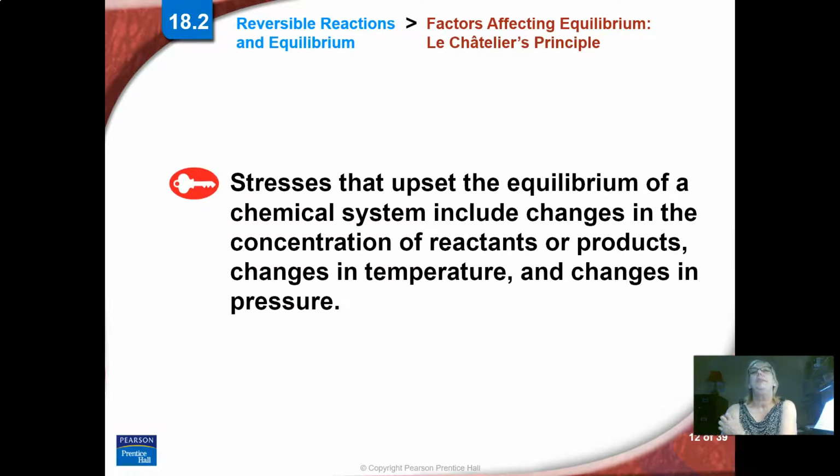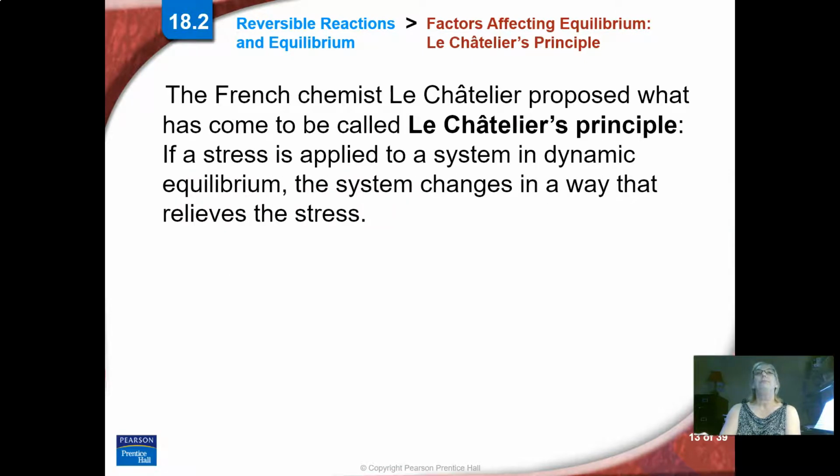We can stress the equilibrium by changing how much we have of reactants or products. We can change temperature, and we can change the pressure. We can stress the system, and the system will try to go back to the way it was before you added the stress.